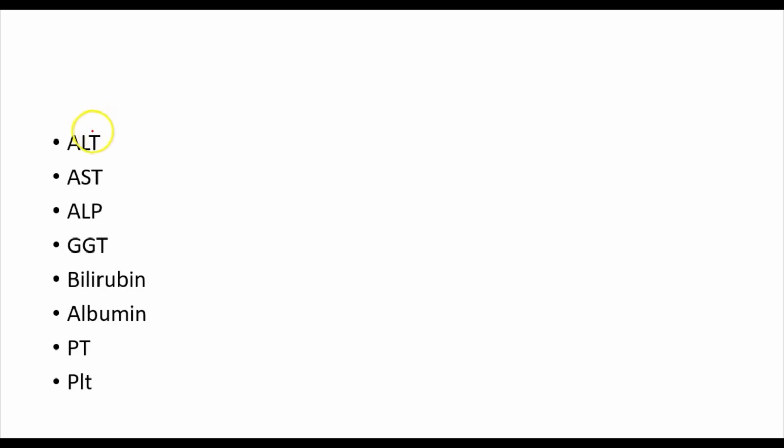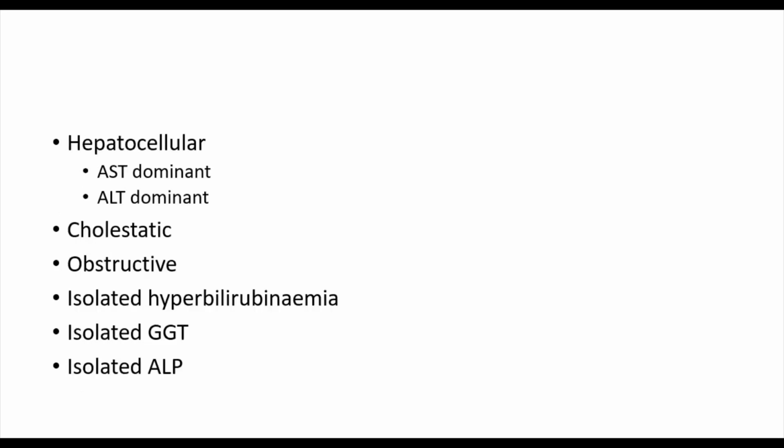So now that we understand the LFTs, which are the first 6 tests here, and the tests which assess true liver function, as shown by these bottom 4 tests here, we can move on to discuss the different patterns of LFT derangements. LFT derangement patterns can be broadly classified into either hepatocellular or cholestatic derangement.